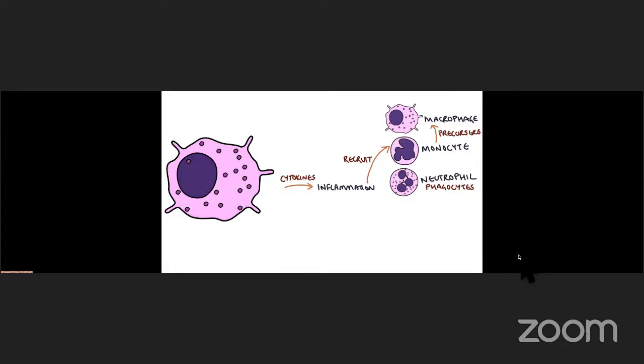The response also involves a number of other processes that help to contain and fight the infection. These are vasodilation, increased vascular permeability, mast cell activation and degranulation, releasing more cytokines that further stimulate the inflammatory response, activation of the clotting system, and activation of the kinin system.